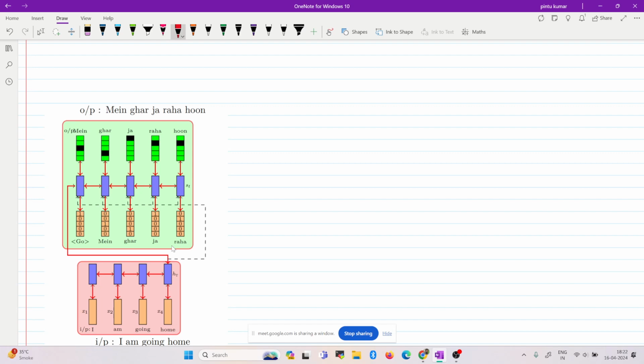So here also you can have this. This is the representation that you had. So rather than just inputting it to the first time step of your second RNN, you can input it to every time step along with this E of Y T minus 1 and S of T. Okay, so now your RNN2 will have three inputs.